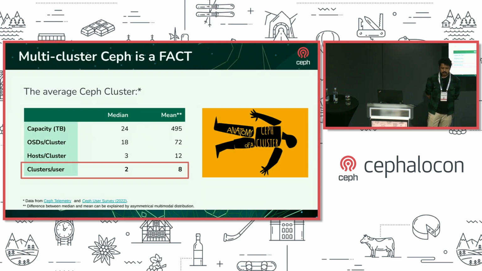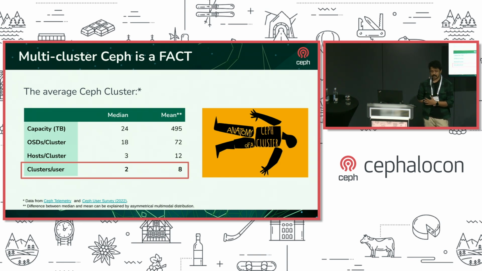This is the data that we pulled from the Ceph telemetry. If you were at Ceph Days London a few months ago, Ernesto presented this chart there, but I don't think we need it, because over the last 2 days, in all those other talks, every user has more than one cluster in their deployment.